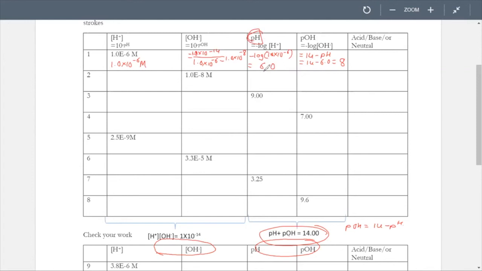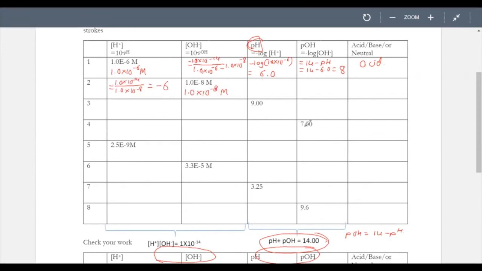If it's less than 7, then it's acid. Okay, makes sense. So just look at one value, just the pH, to determine whether it's acid or base. Don't look at all of those because you might get confused otherwise. You can do it with other values too, but this is the normal way.